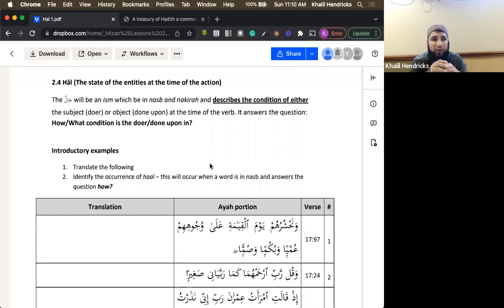It speaks about the state, or in Arabic what we call the hay'a, of something. So it's a noun, a wasf, not specifically a masdar. It's a noun that describes the hay'a of something, most often at the time of an action.